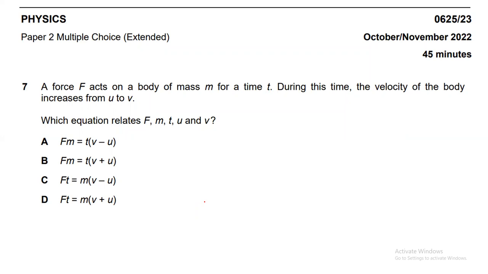It is the famous equation that F is equals to change in the momentum divided by t, or you can say Ft is equals to the change in the momentum, or Ft is equals to m bracket v minus u bracket close. I think C is the right option.